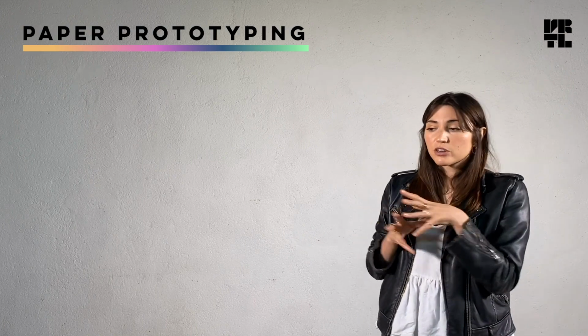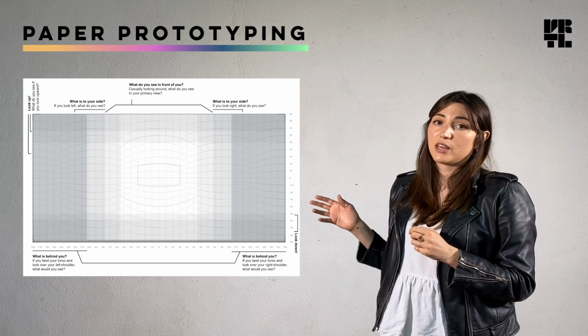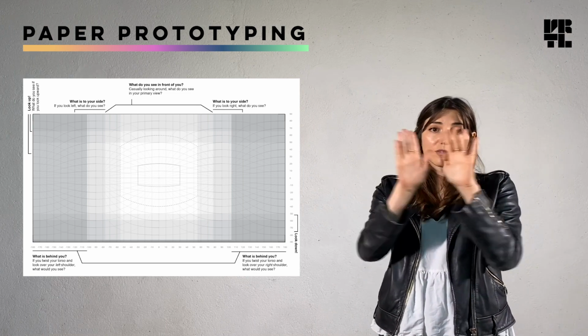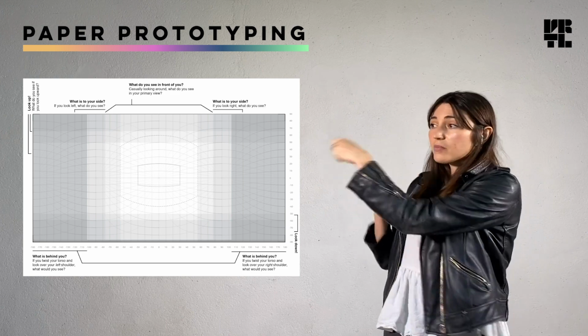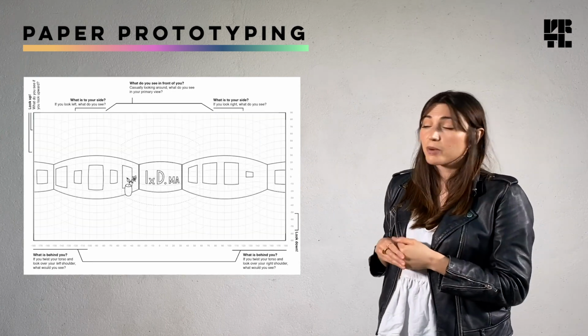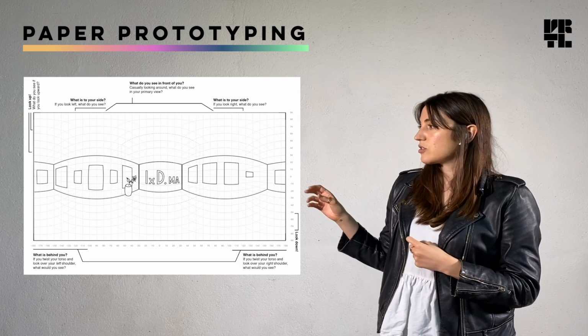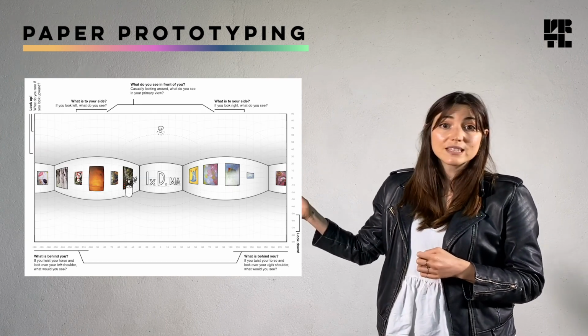And thirdly, we have paper prototyping. Here on the internet, you will find a paper template that you can download. Basically, it's an outstretched 360 wall. And there you can represent the scenario you have in your mind for your story. You can also use some editing tools such as Photoshop to make it look more realistic.